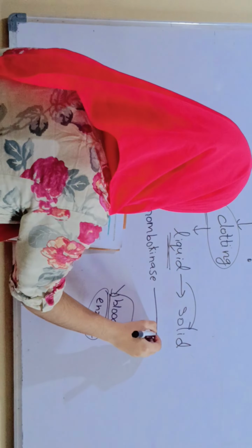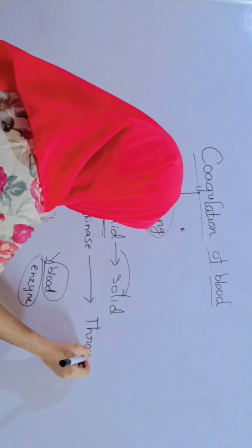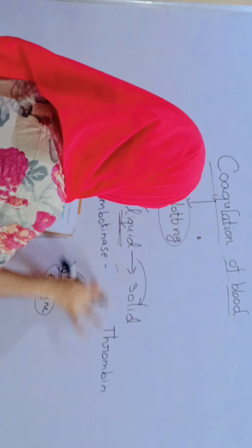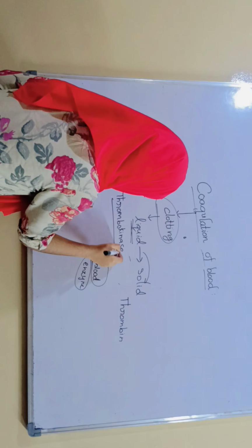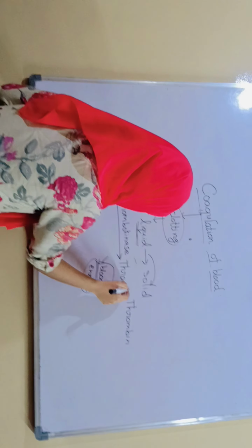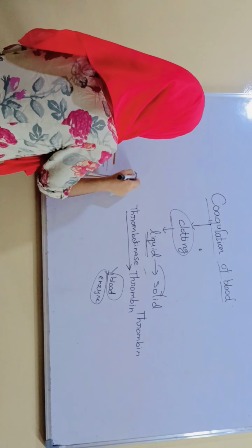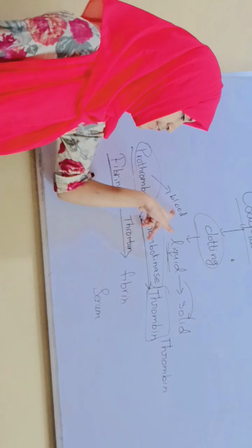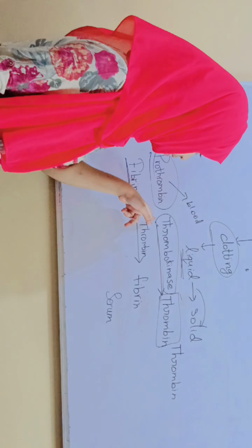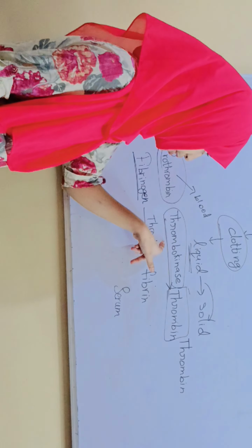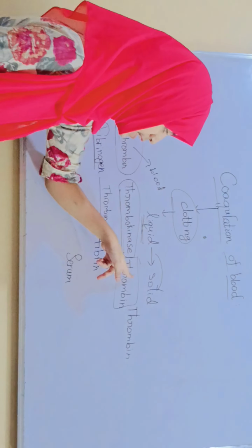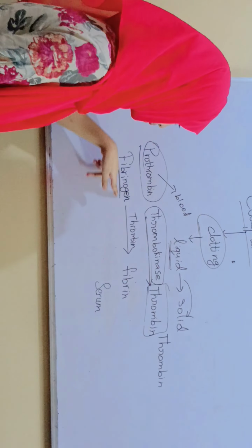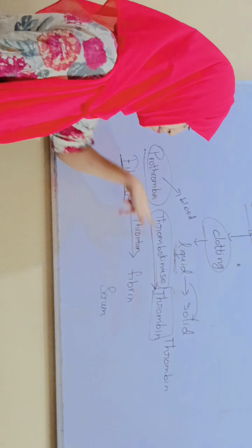Prothrombin is normally present in our blood. So after the swelling of blood, the blood releases the enzyme called thrombokinase, which acts on prothrombin to form thrombin. After some time, fibrinogen is converted into fibrin with the help of thrombin.